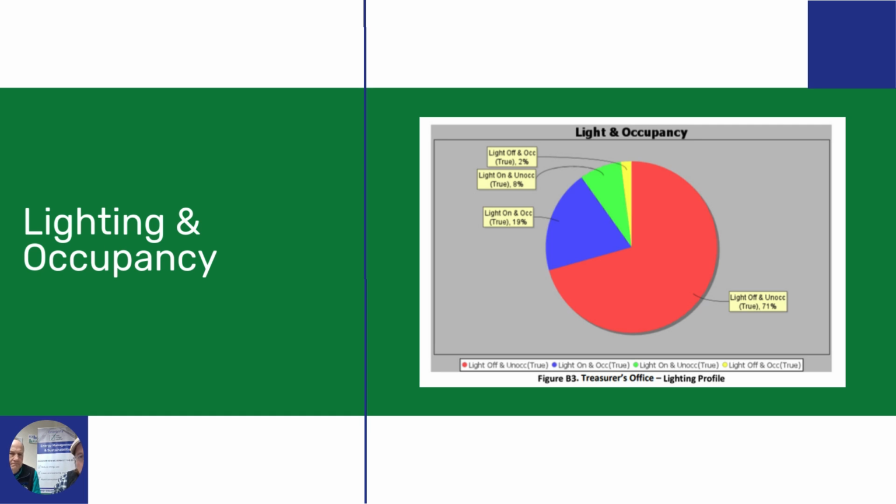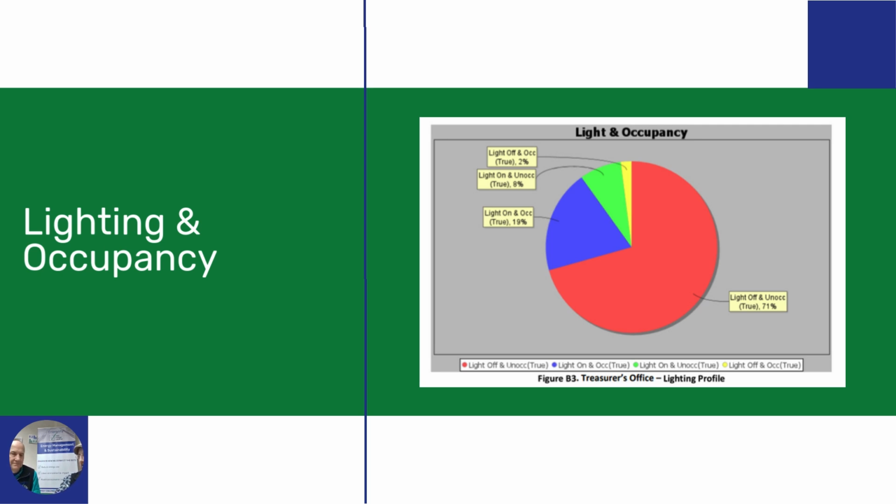Yeah, so looking at, let's see, we got green here that's on and unoccupied. So basically, hey, there's an opportunity there. And this one's only about 8%. And in the red, it's off and unoccupied, 71% of the time. And there's some varying conditions, right? Are they off and occupied?